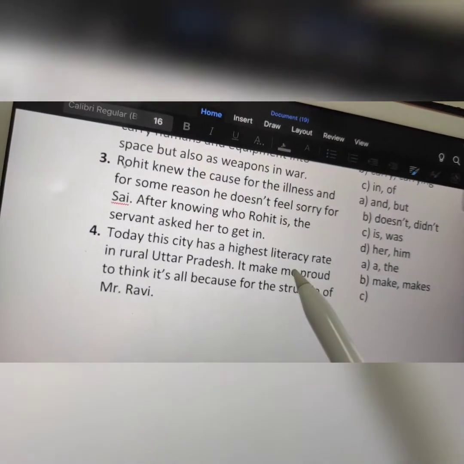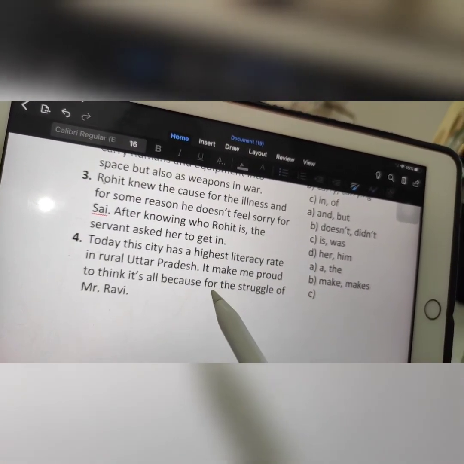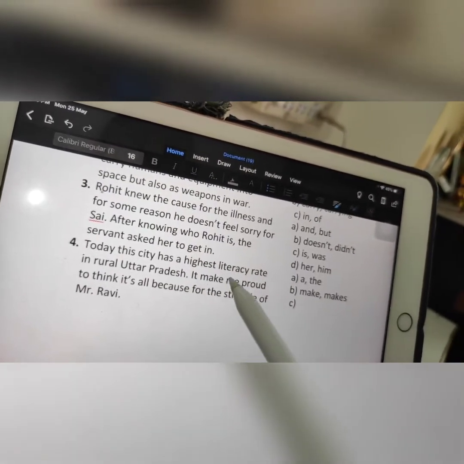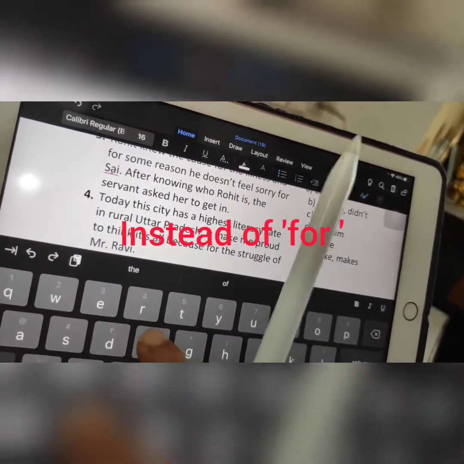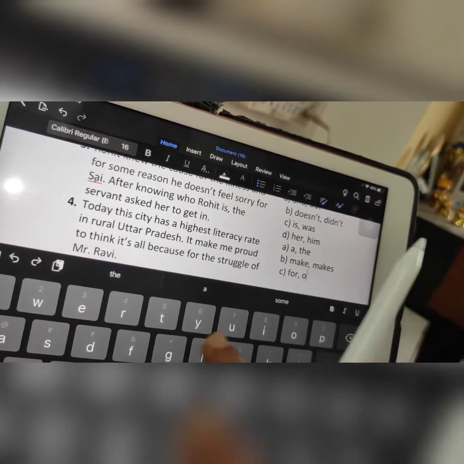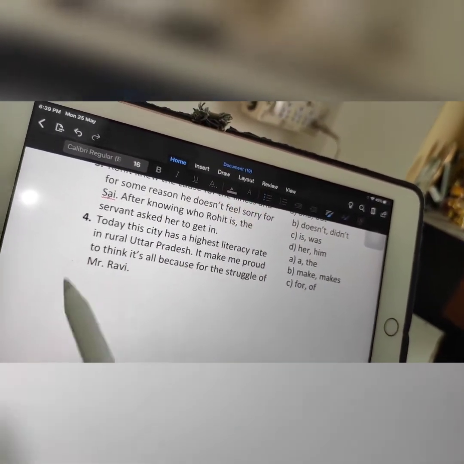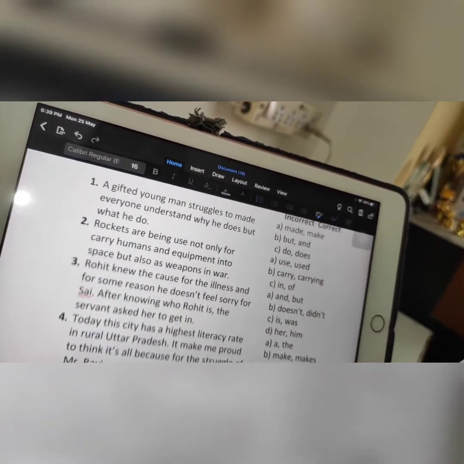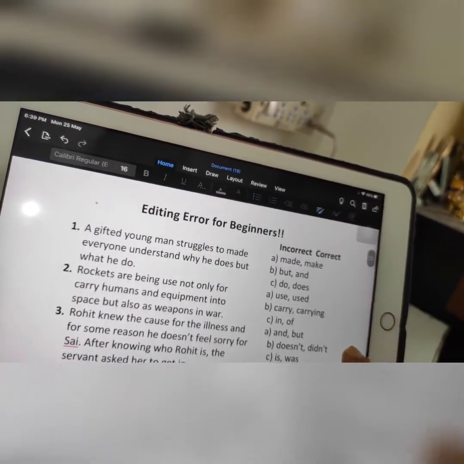Now coming to the next line, proud to think it's all because for the struggle of. With the word because we write of. So the third error is for and the correct word is of. Because of the struggle of Mr. Ravi. So this way you can see how easy it is to solve all the editing error questions.